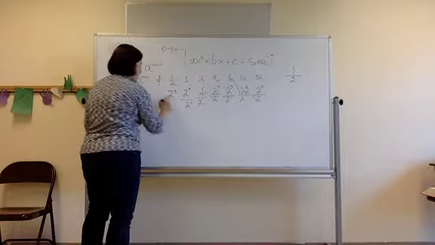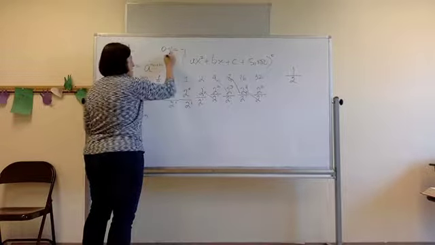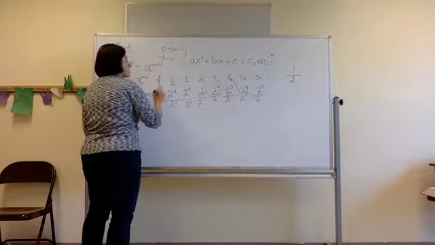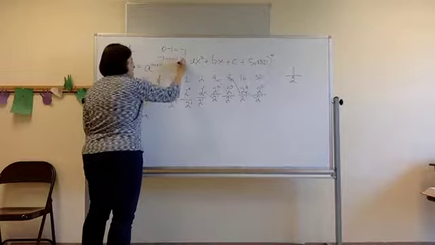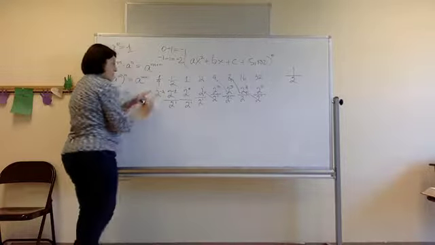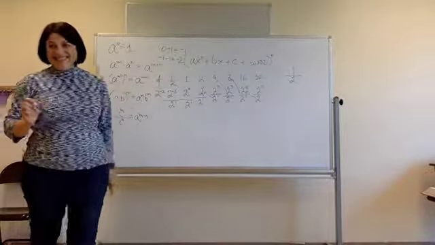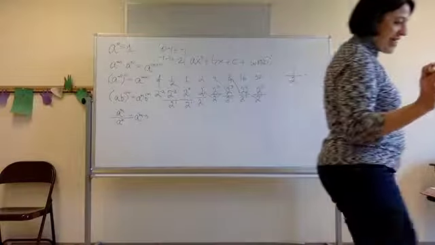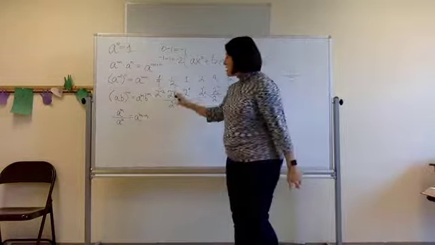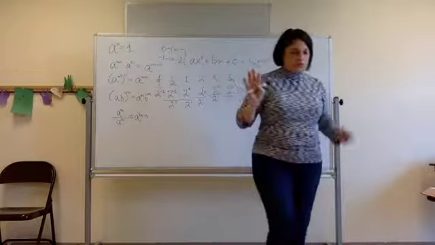So if I divide here, I'm going to get negative 1 minus 1, which equals negative 2. So this becomes 2 to the negative 2. You see that? Good. I think it's easier now to understand this section, understanding how division works.